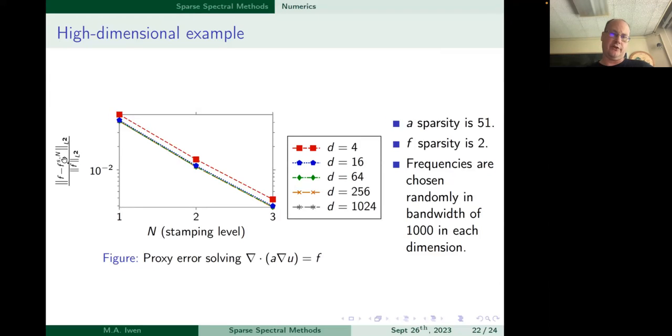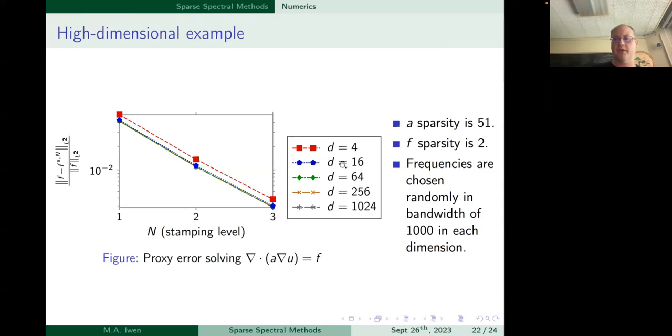So we compute our solution, U_SN, push it through the PDE to get an approximate forcing function after we apply our linear operator determined by A to it. This error is going to be a bound on the error between U and our approximation to U. Okay. There's no method for solving exactly what U should be when you have a 1,000-dimensional problem, so a proxy is the best we can do.